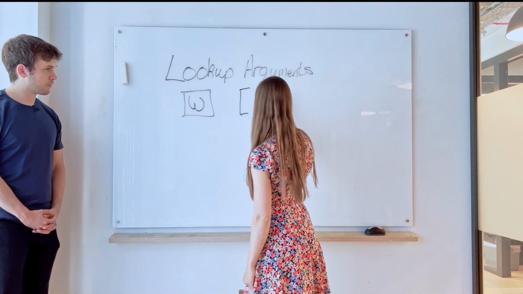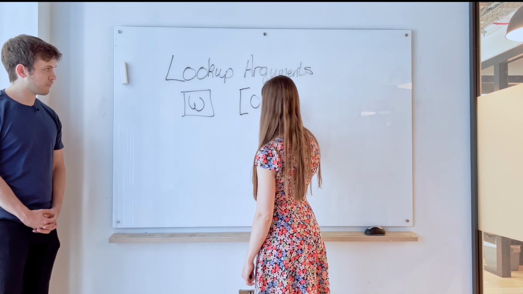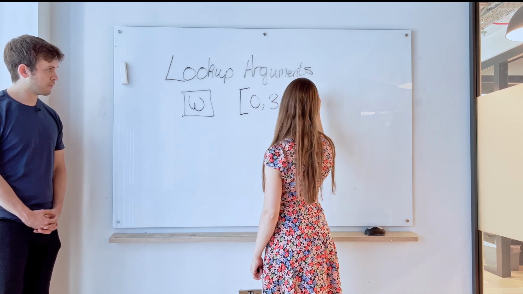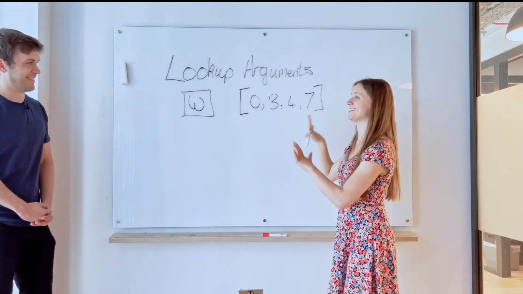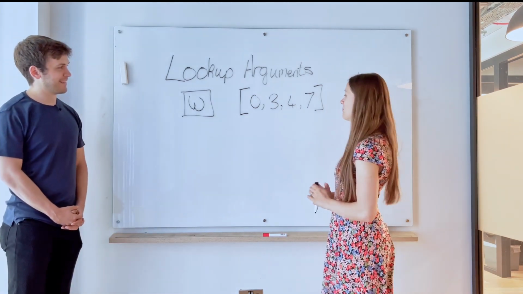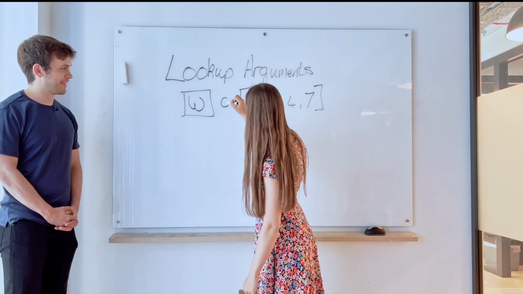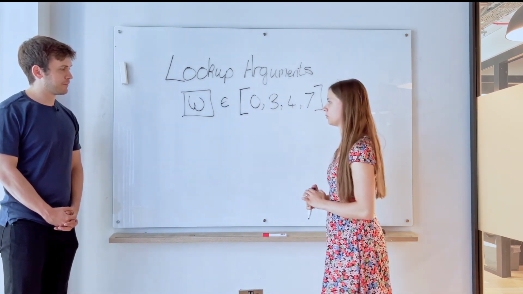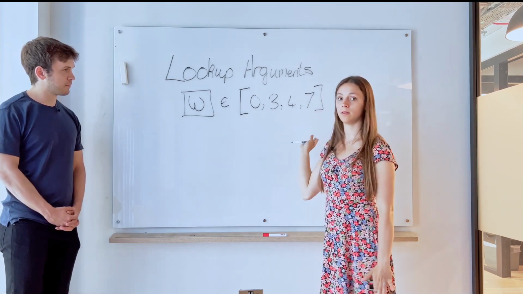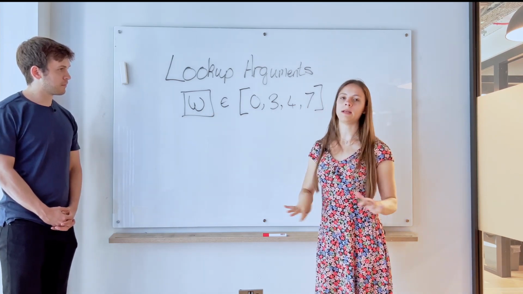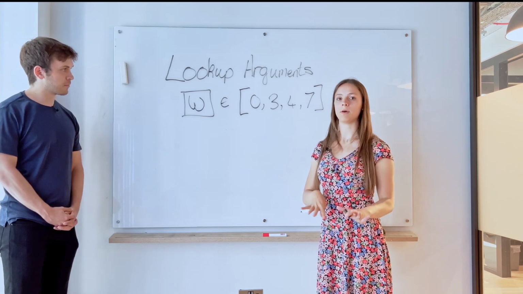For example, it might be 0, 3, 4, 7, trying to come up with a set that doesn't have any particular structure here. So a lookup argument would allow you to prove that W is inside this public set, but it wouldn't reveal any other information about W.